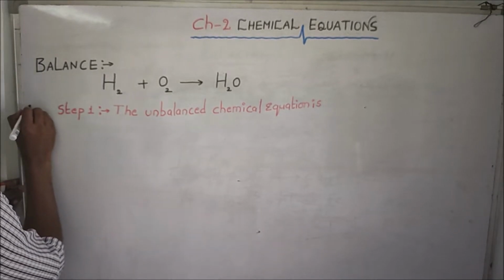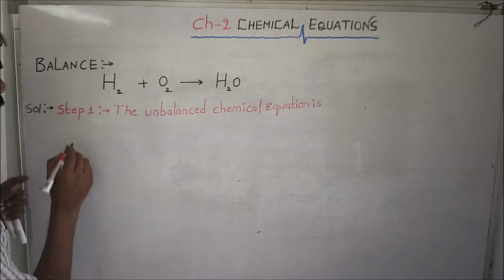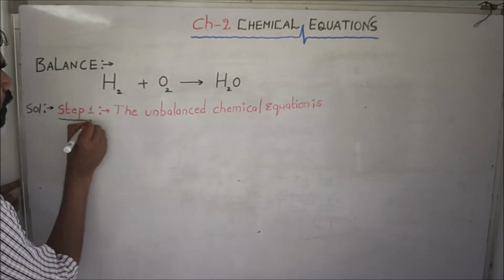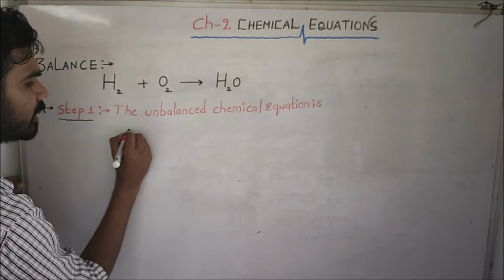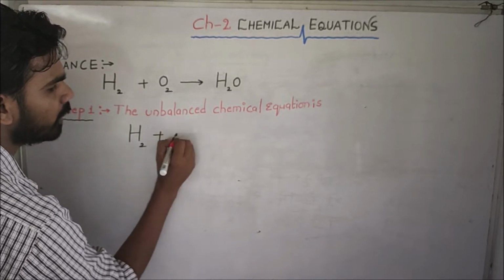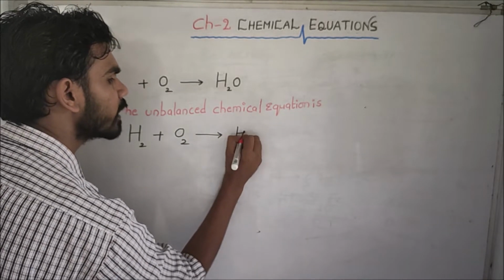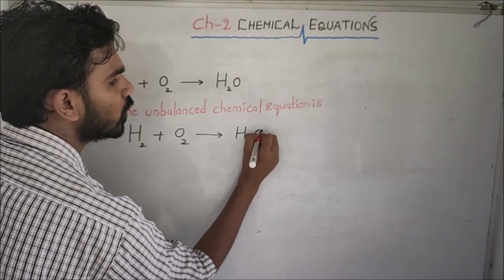Now this is the answer, the solution. How to write the answer? In step 1, you have to write this sentence. After that, one more time you write the question: H2 plus O2 gives rise to H2O.